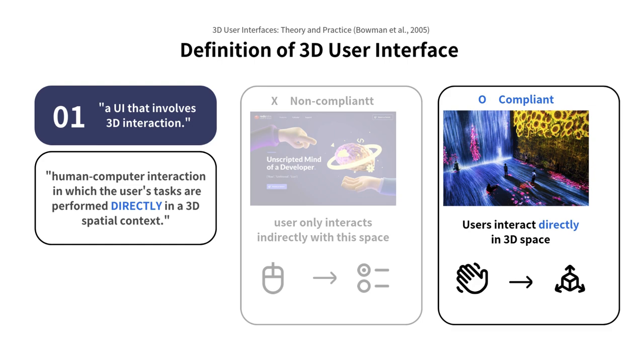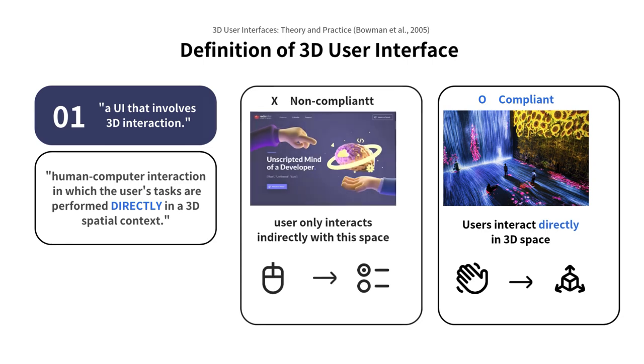The picture here shows a comparison. The left is a web page where users interact in 2D with a keyboard and mouse. The right is a work by teamLab where users can directly change things in a real 3D space.